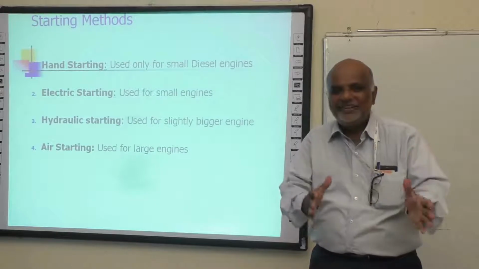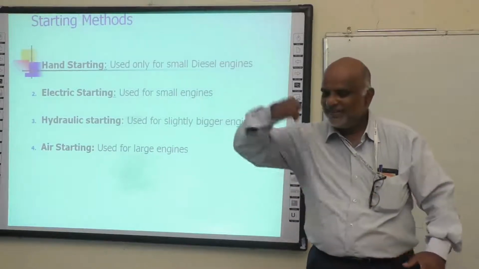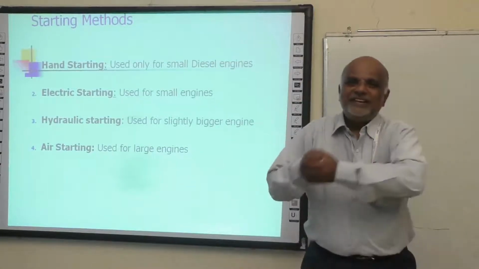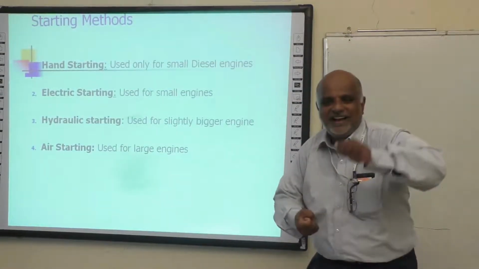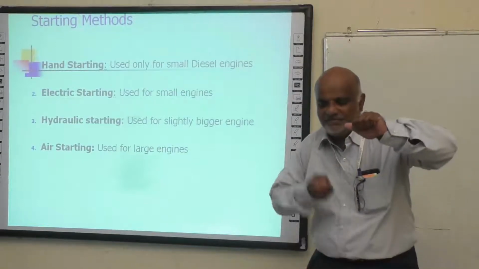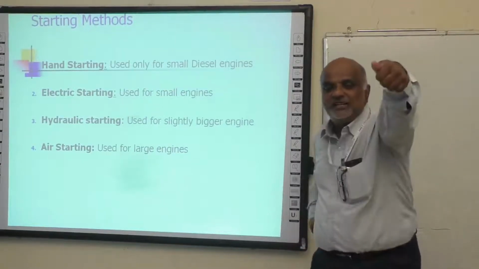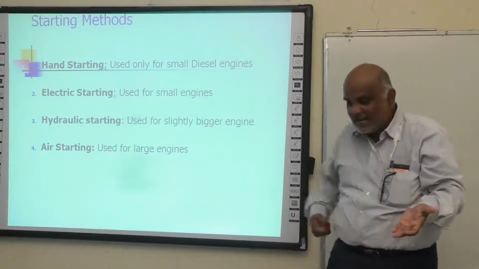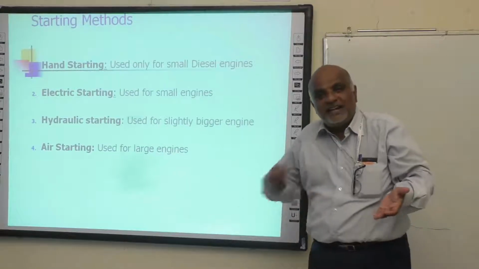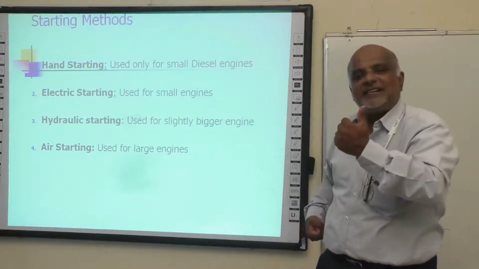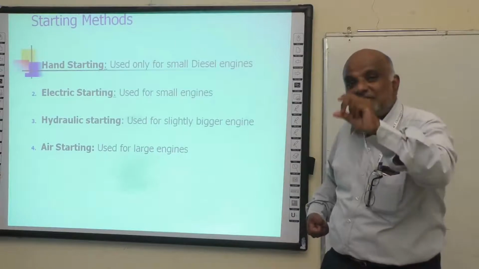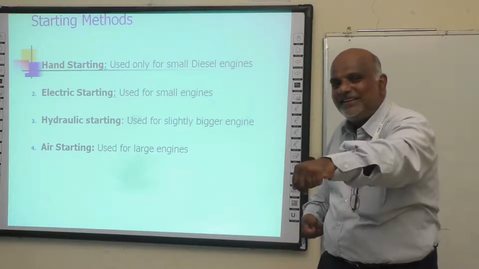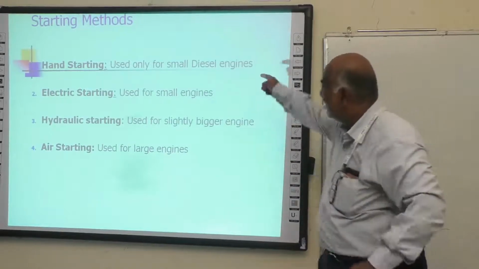No. He's given a single cylinder engine with a hand wheel, and he rotates it harder and harder. Once the momentum is picked up, he switches on the decompression lever and removes the hand lever he has used for turning. He removes it, and the engine starts, because the air temperature has reached the spontaneous ignition temperature, and the fuel is admitted. That is the hand starting system.